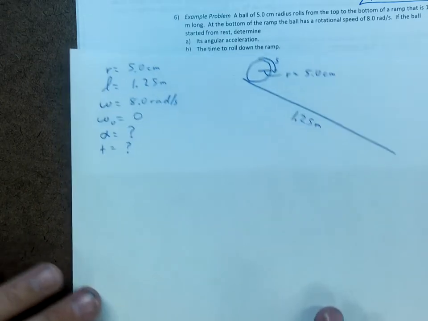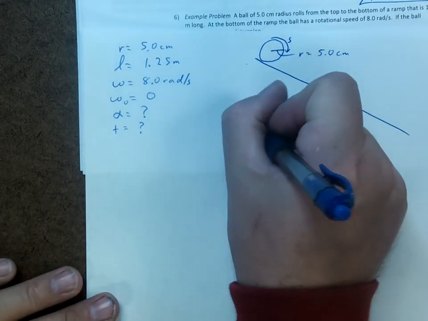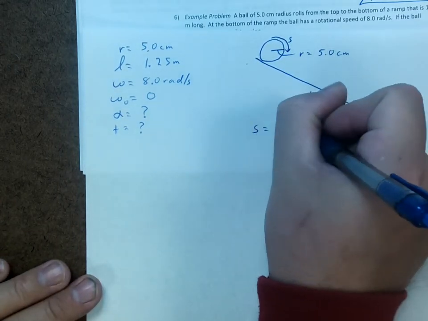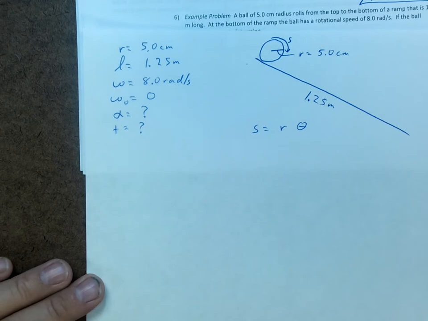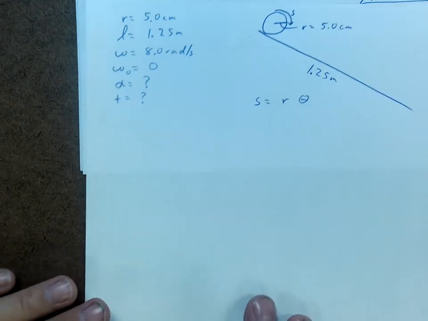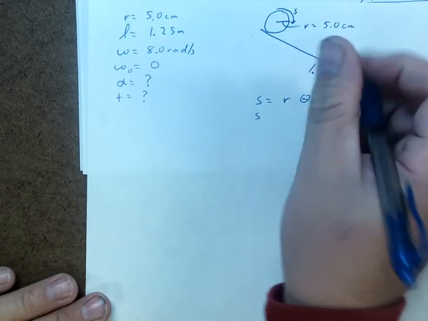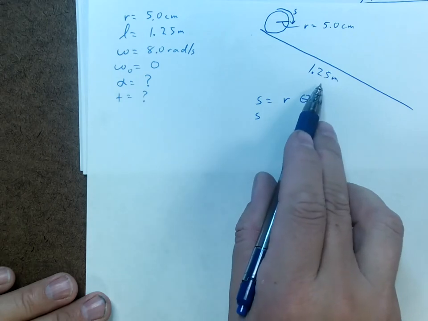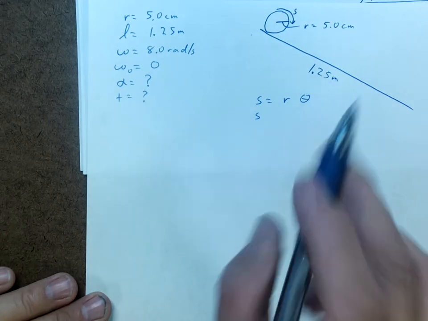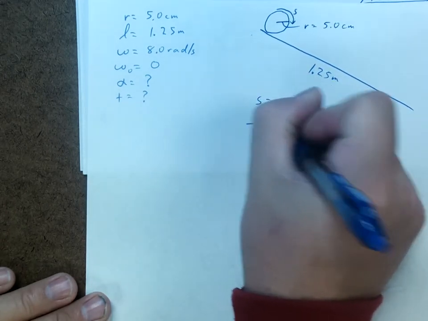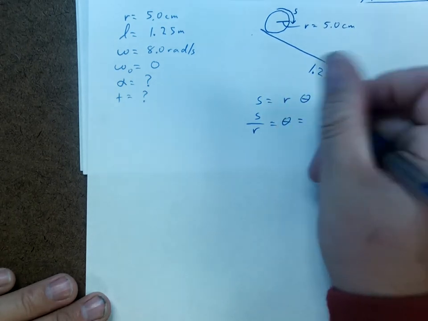And we have a relationship between the arc length, the radius, and theta. So if we take the arc length, which will have to equal the length of the ramp if we roll down without slipping, and we divide by the radius, we can get theta.